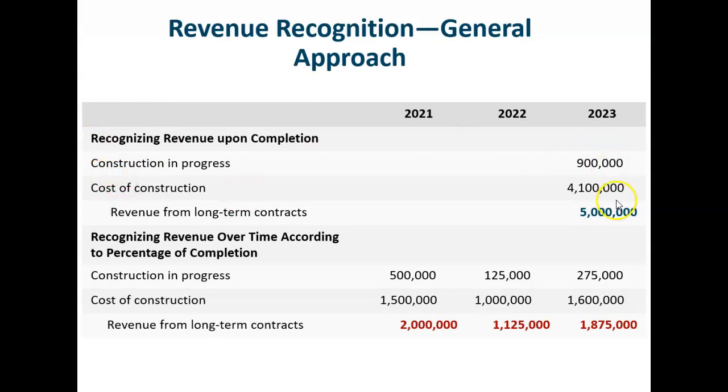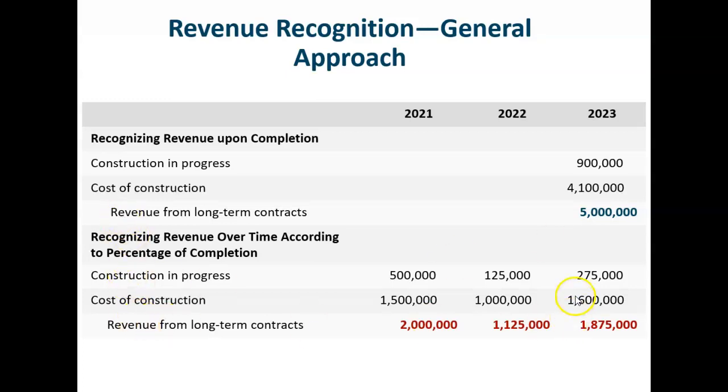The top portion of this slide shows a single journal entry necessary to recognize revenue, cost of construction, think of that as cost of goods sold, and gross profit when recognizing revenue upon the completion of the contract.